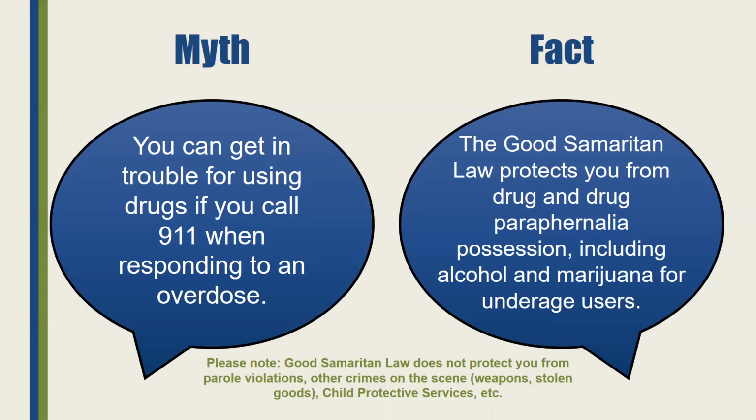However, recognizing that that might not always be safe for everyone in every situation, and that folks, as much knowledge as we can give them, then they can make the best decision for themselves in their situation. So definitely encourage you all to bring up the Good Samaritan law when you're talking to patients about overdose prevention.